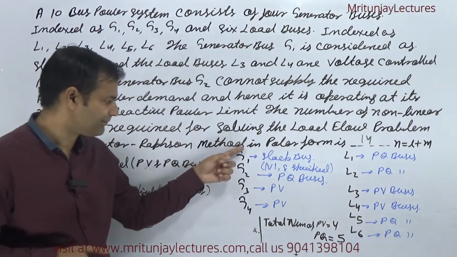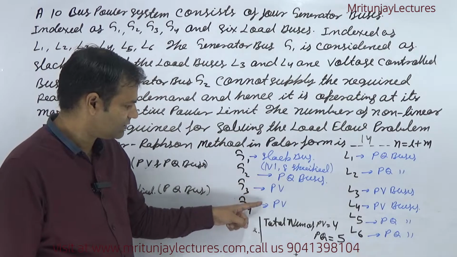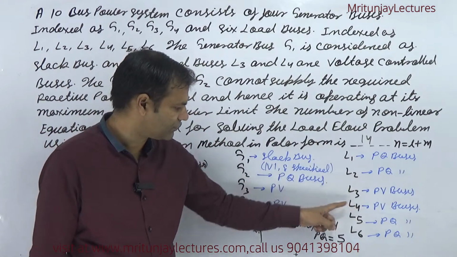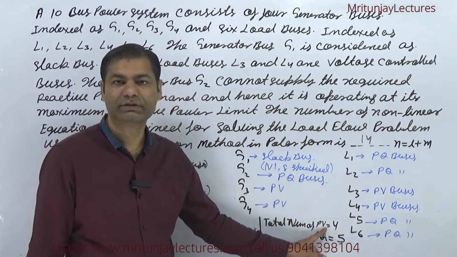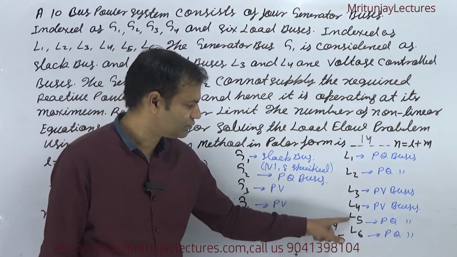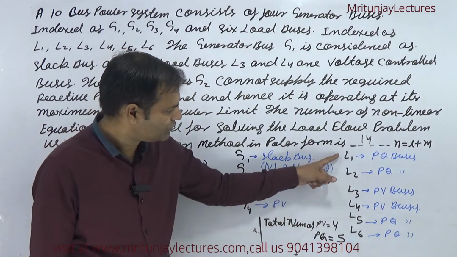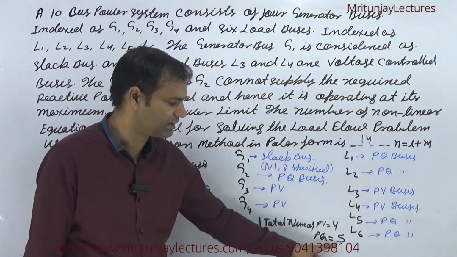Now here, how many generator buses, or PV buses? 1, 2, 3, 4, that is 4. And PQ buses: 1, 2, 3, 4, 5, that is 5.